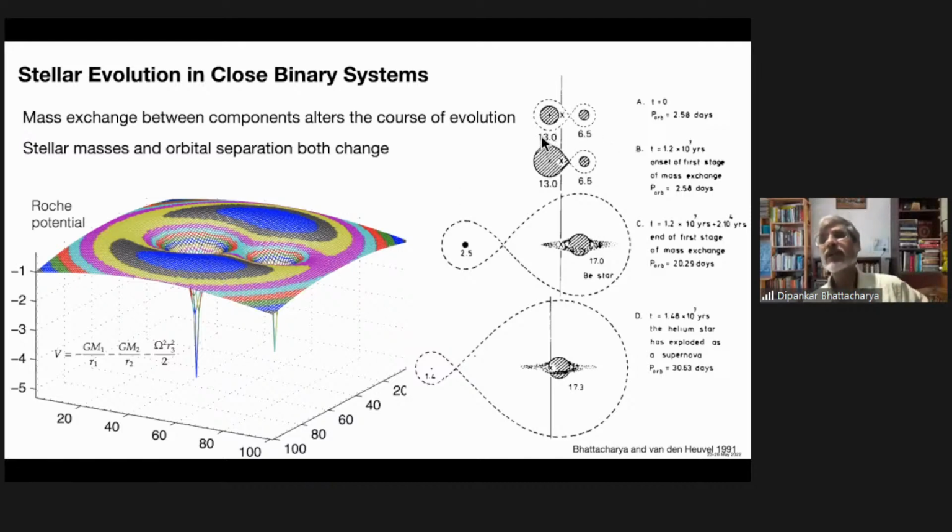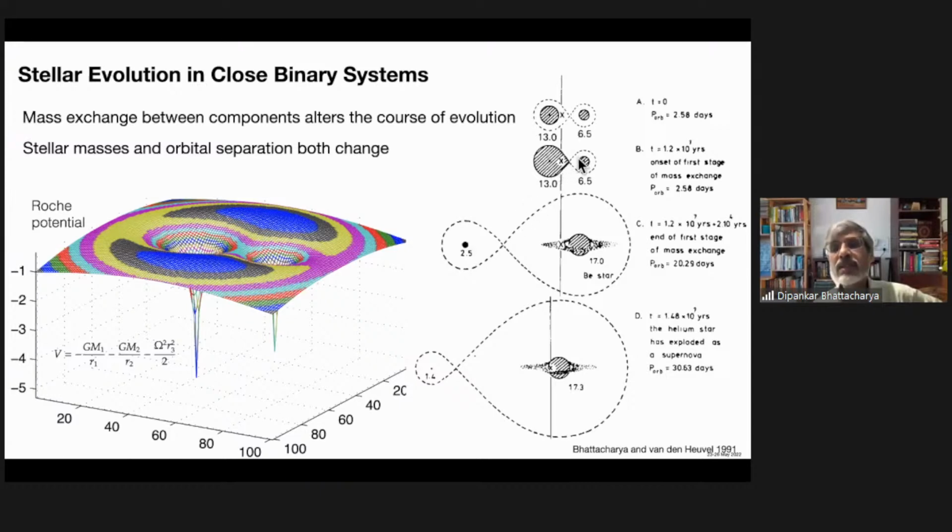So, for example, if you start with a binary system of 13 solar mass and 6.5 solar mass, at some point the 13 solar mass star evolves, goes to a giant phase, its radius increases, and therefore it climbs the potential well, and matter spills over into the other star.